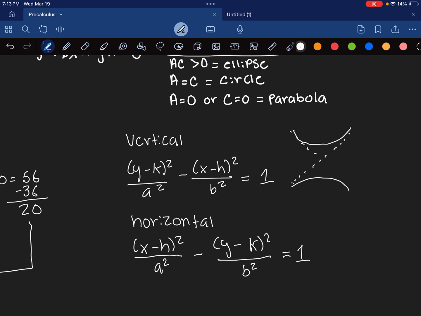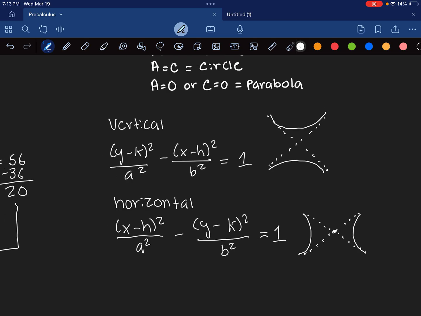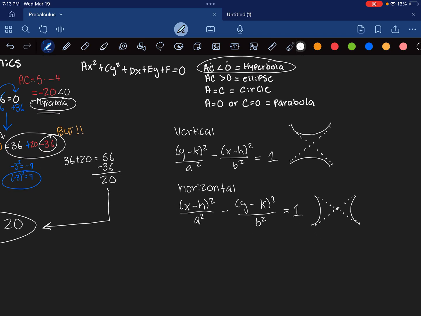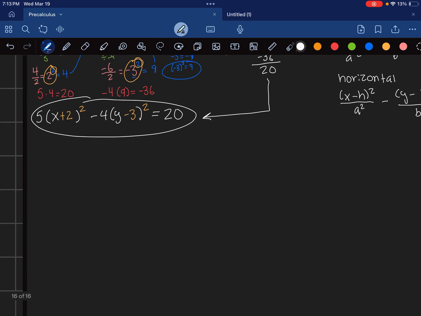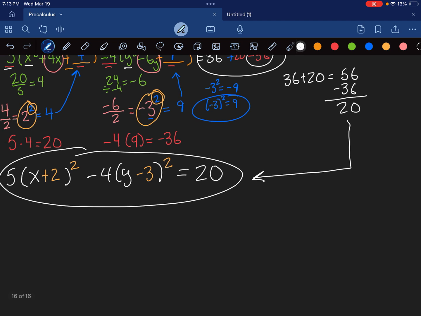coming this way. And then for horizontal, it's going to be bending this way horizontally. We have the asymptotes right here, and then we just have the center in the middle, right? So that's what that looks like. But if we look at our equation so far, we see that it's not quite a hyperbola equation.